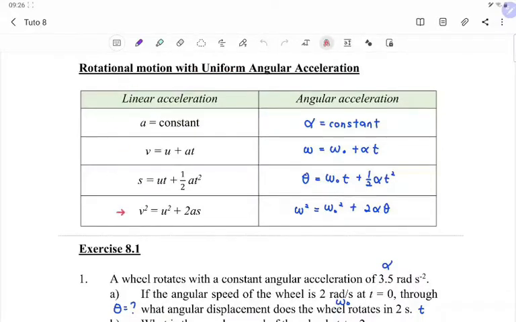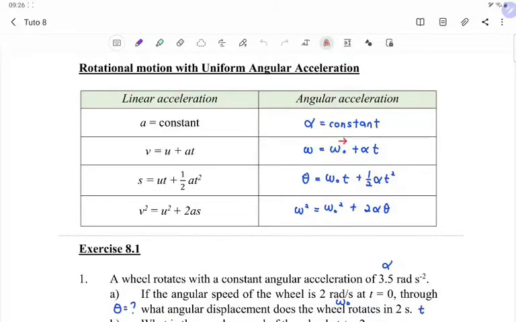For linear motion, last time you have seen v equals u plus at, s equals ut plus half at squared, v squared equals u squared plus 2as. For rotational motion, you just change it to the angular parameters. So tangential acceleration a becomes alpha, v you change to omega, and u, the initial velocity, becomes omega naught.